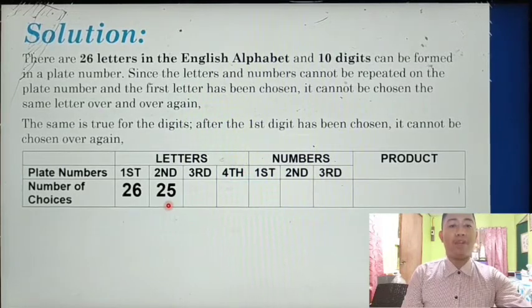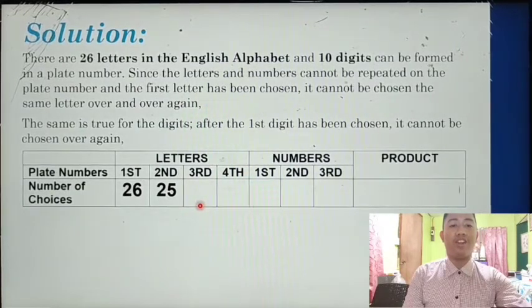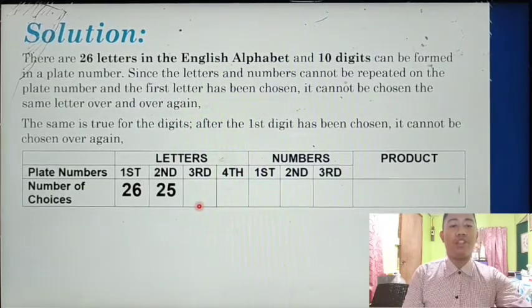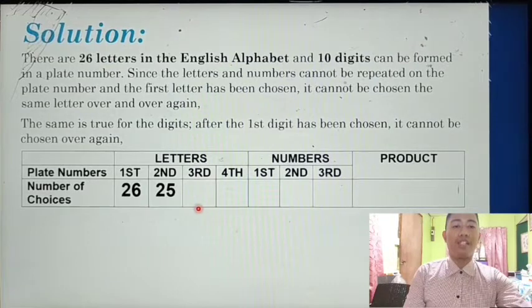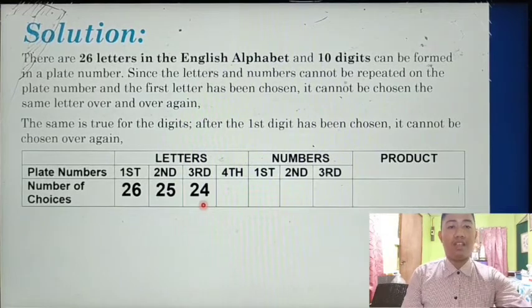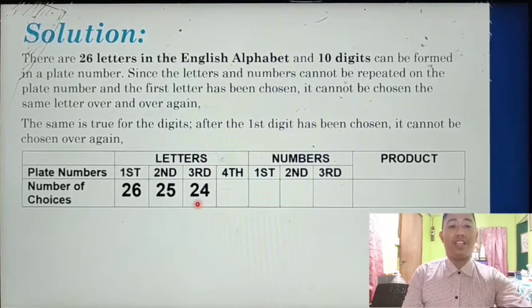How about the number of choices for the third? Suppose you choose letter O as the second letter. So we have L and O, and except for those, there are only 24 letters remaining to be chosen. Suppose the third letter is letter V as in victory.